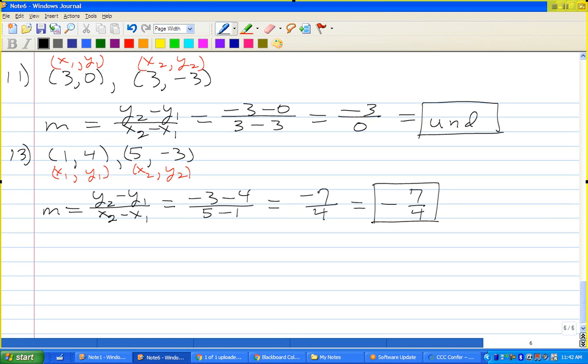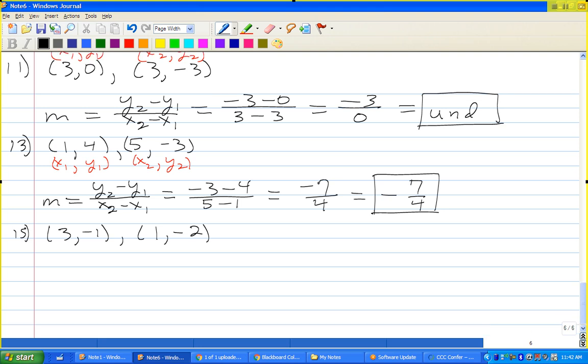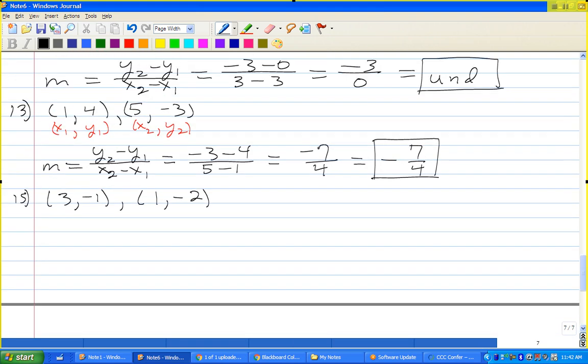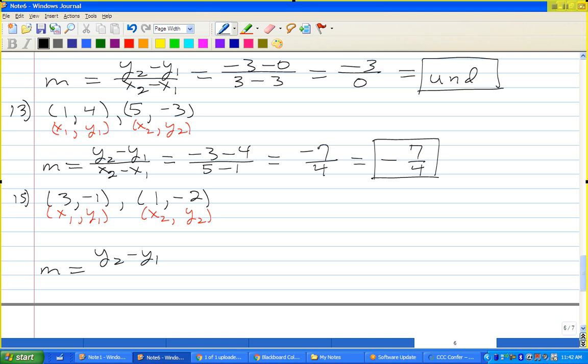15. 3, negative 1, 1, negative 2. So let's call this x1, y1, x2, y2. So the slope is y2 minus y1 over x2 minus x1.